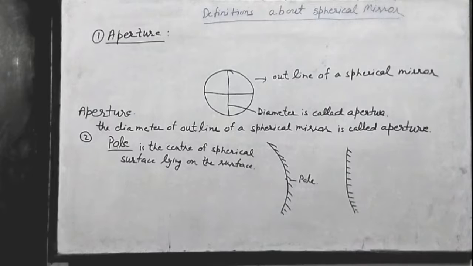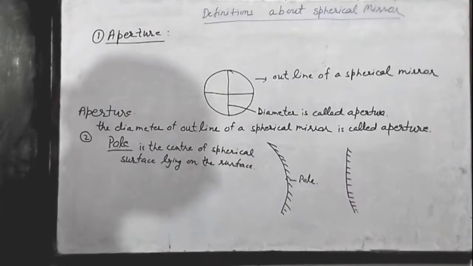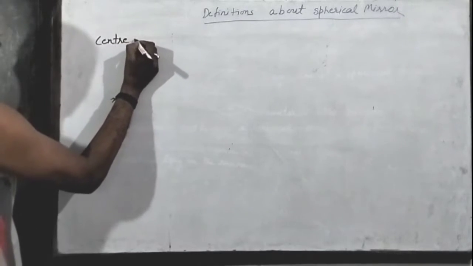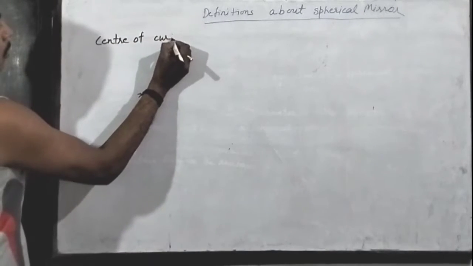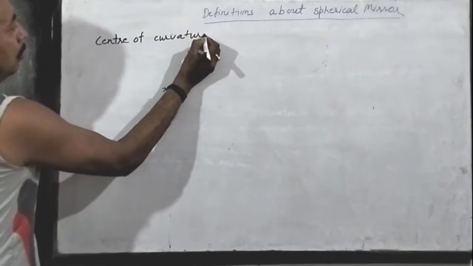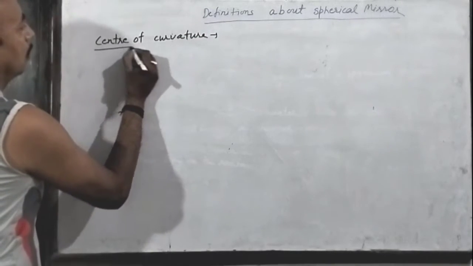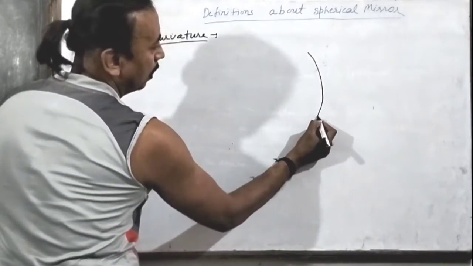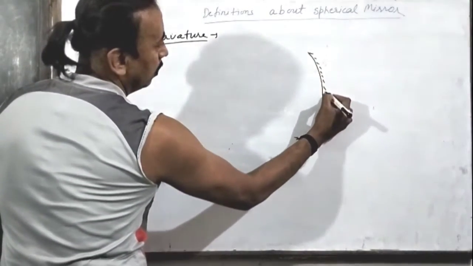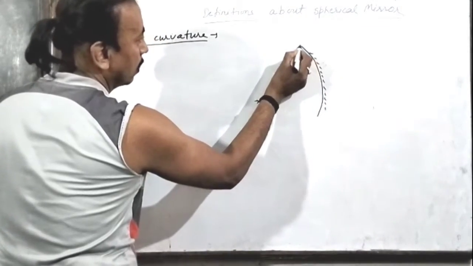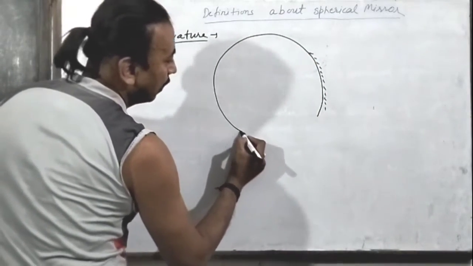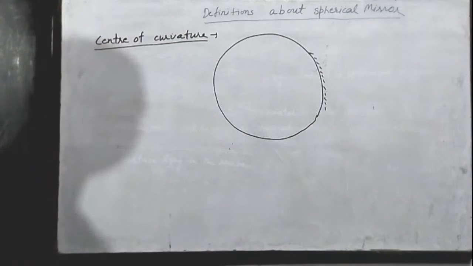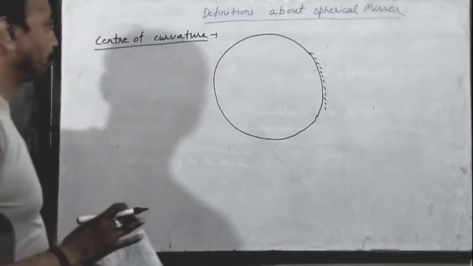Next, center of curvature. Any spherical mirror is part of a sphere. When the surface is spherical, that means the mirror is a part of a sphere.